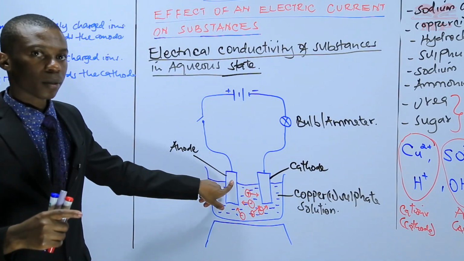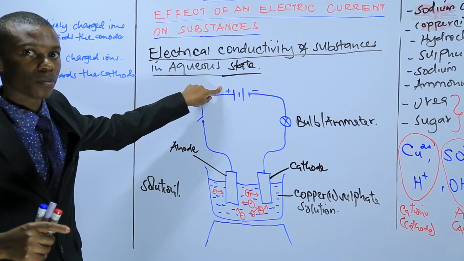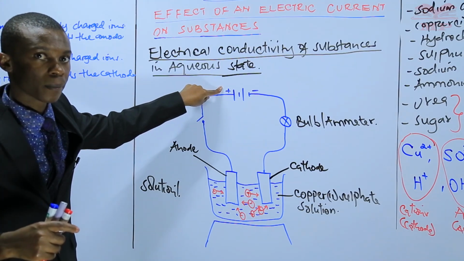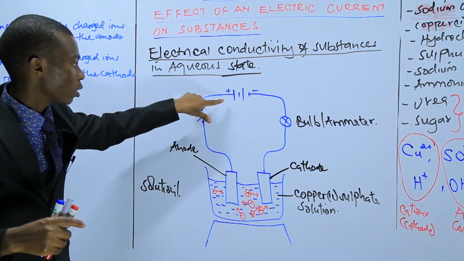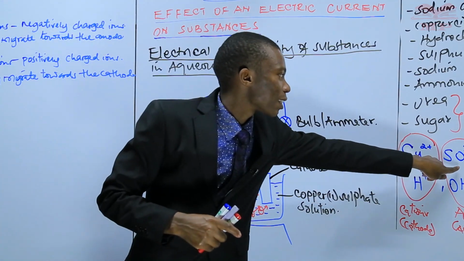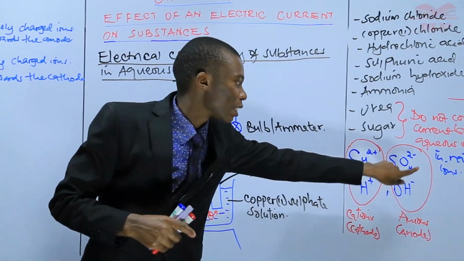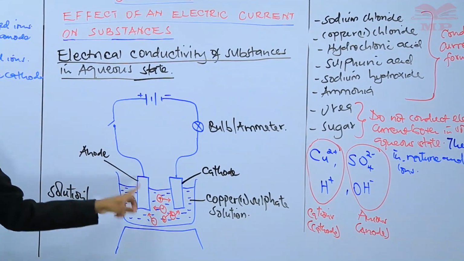This is the anode because it is connected to the positive terminal of the power source, so we expect the sulfate and the hydroxide ions at the anode.